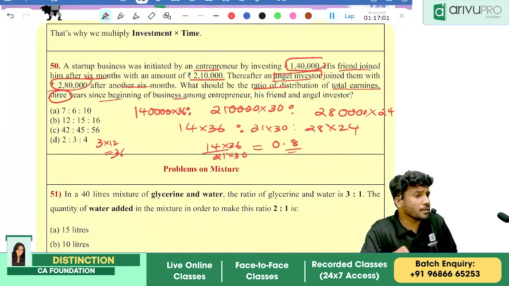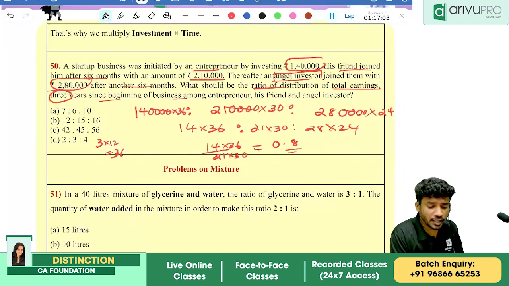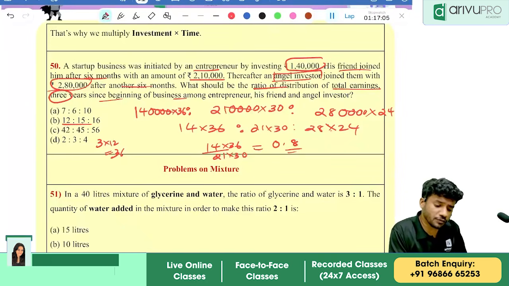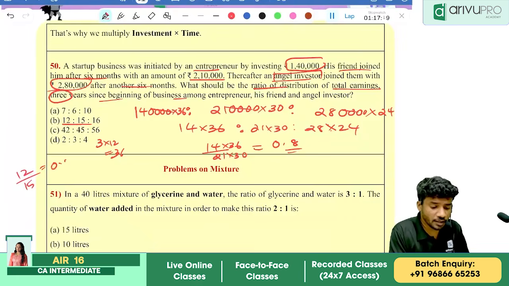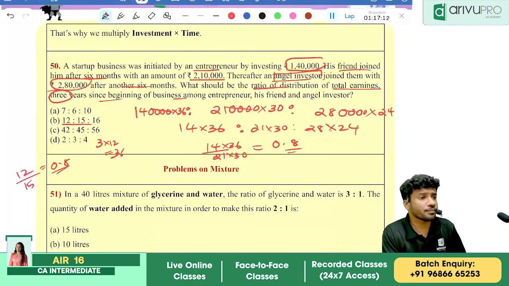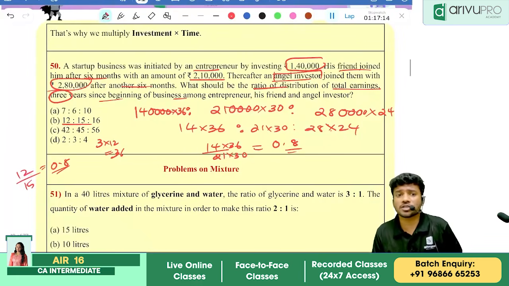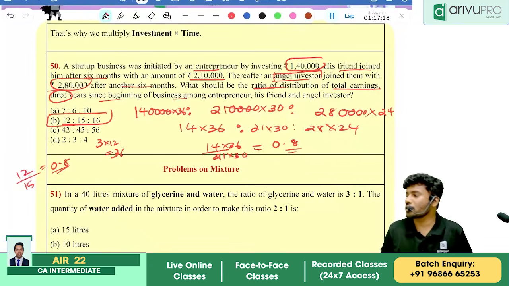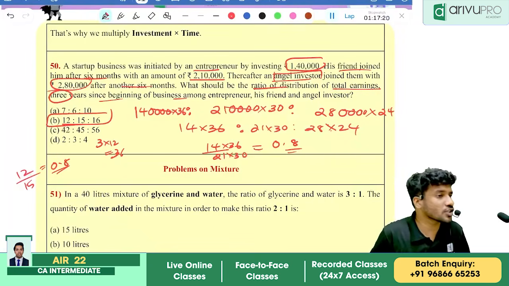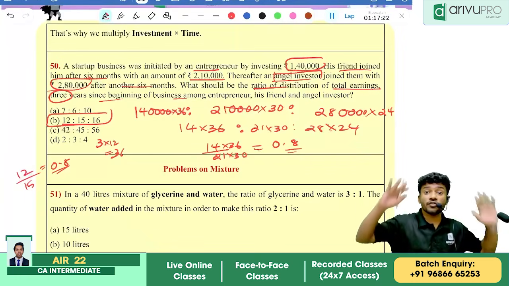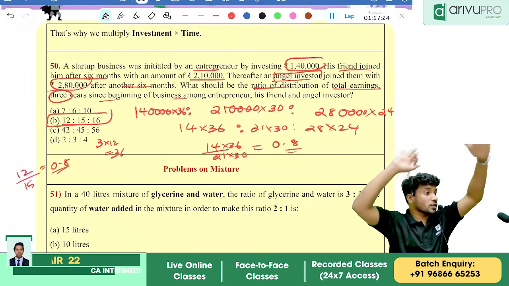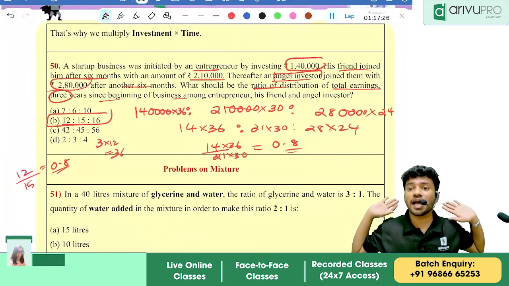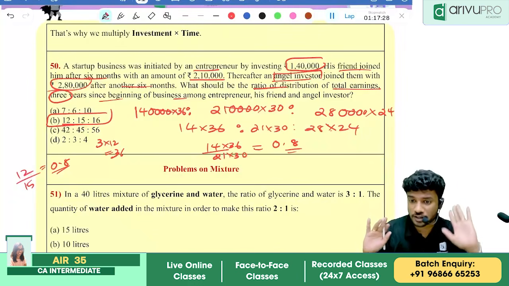Which option is giving you 0.8? 12 by 15 is how much? 0.8. Any other option giving you 0.8? 42 by 45 is how much? So which option is the answer? Option B is the answer. Everyone understood? Just using calculator, without LCM, without the common number.